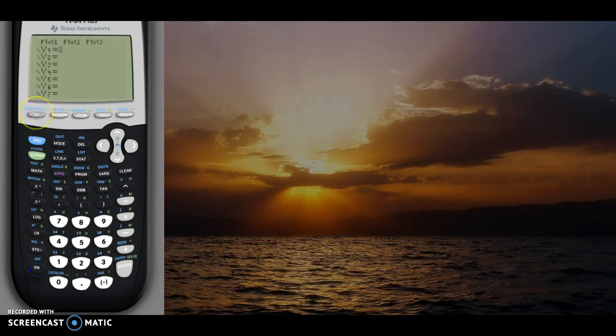We can put both functions into y equals. There's our first function and our second function.